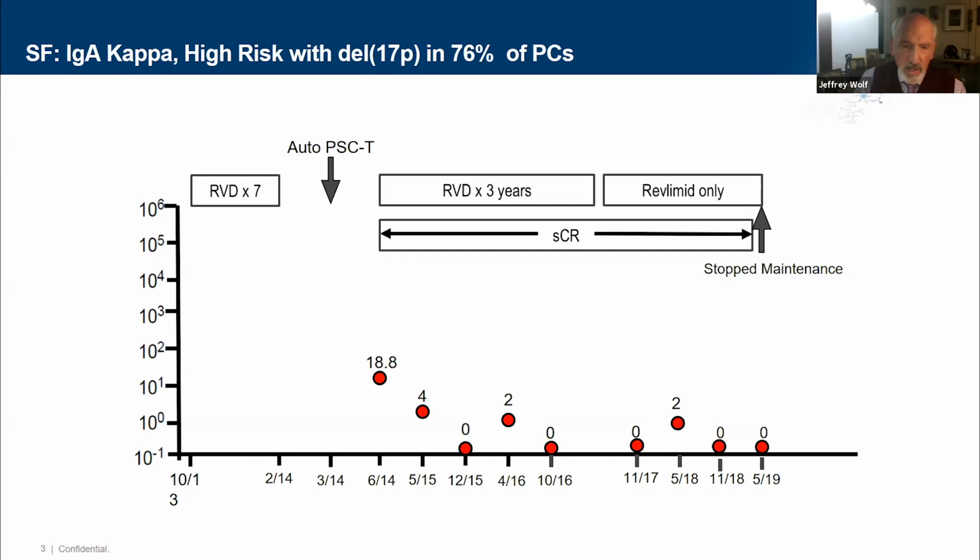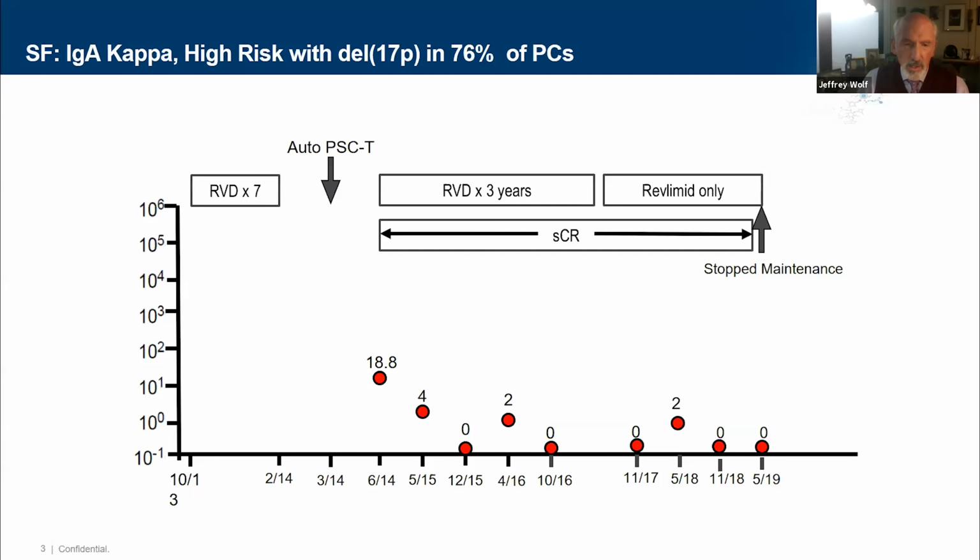And over the next 5 years, 4 years in this slide, but still 5 years now, she had either 0 or 2 malignant cells in a million. And finally, in 2019, we stopped her maintenance, similar to the other patient. And she's done fine since then. I haven't put it on here, but she had another 0 just recently after being off of Revlimid for a year. So these are two instances where I think MRD is quite useful in the clinical management of patients.